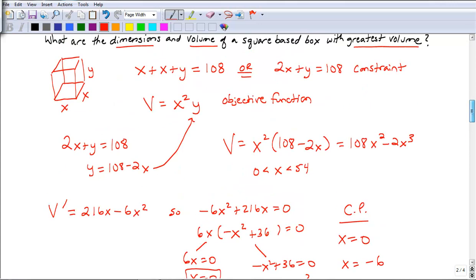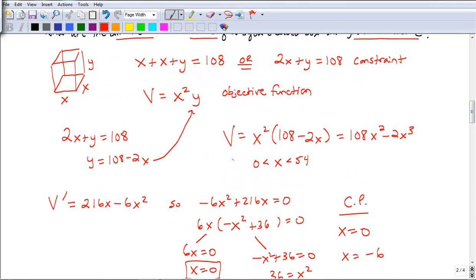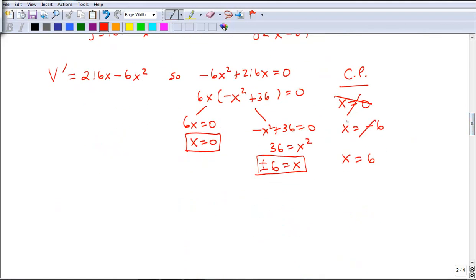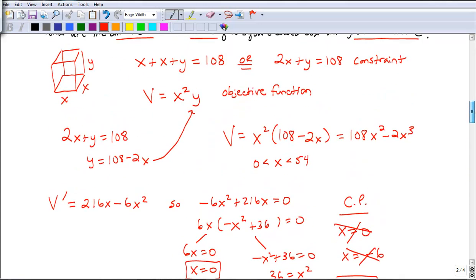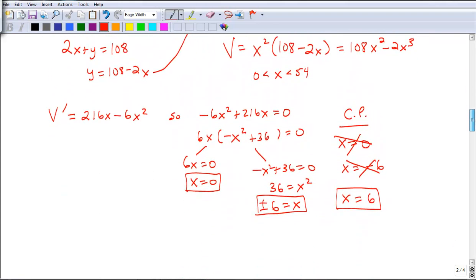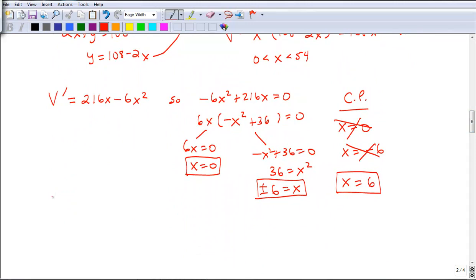But to build a box, the x has to be bigger than 0. Otherwise you can't build a box. And x can't be negative because I can't have a box with a negative side length. So all that's left is x equals 6. So I know the x dimension is going to be 6 inches, because all my measurements are in inches.